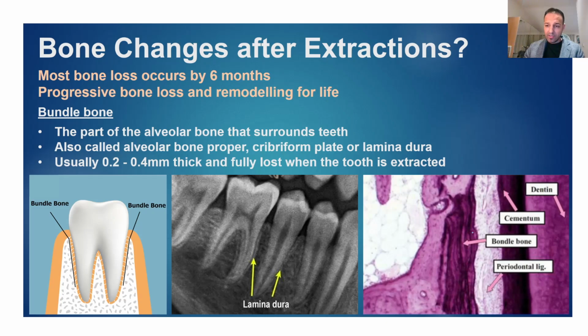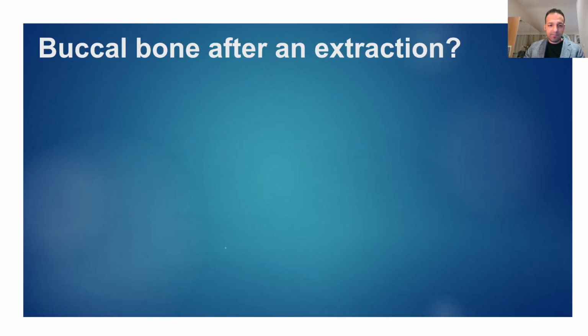You can see on the diagram here, we start with the dentine in the tooth, and then we've got the cementum in between, and then we've got the periodontal ligament, followed by the bundle bone, and then the alveolar bone starts in this region. So this is the histological structure.